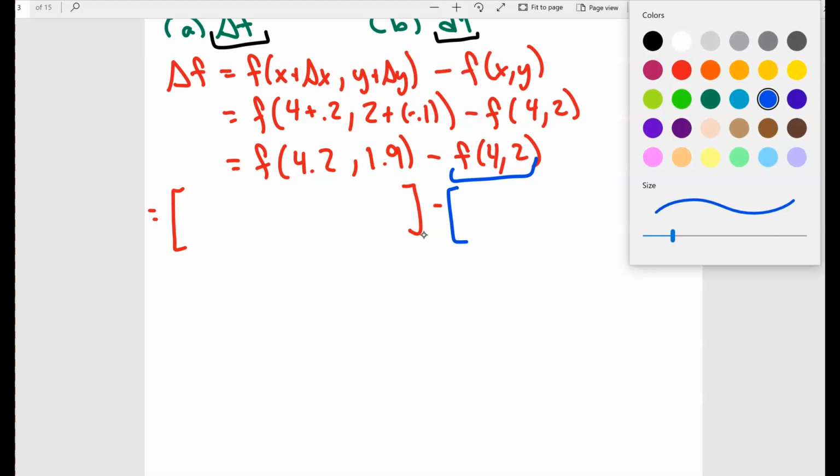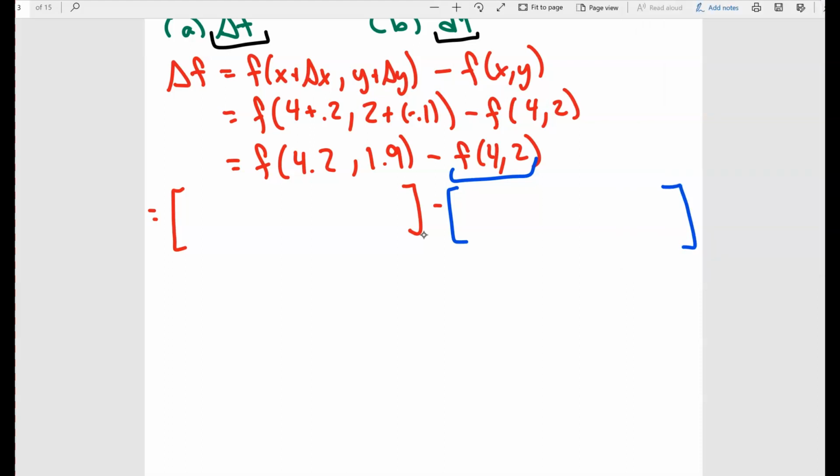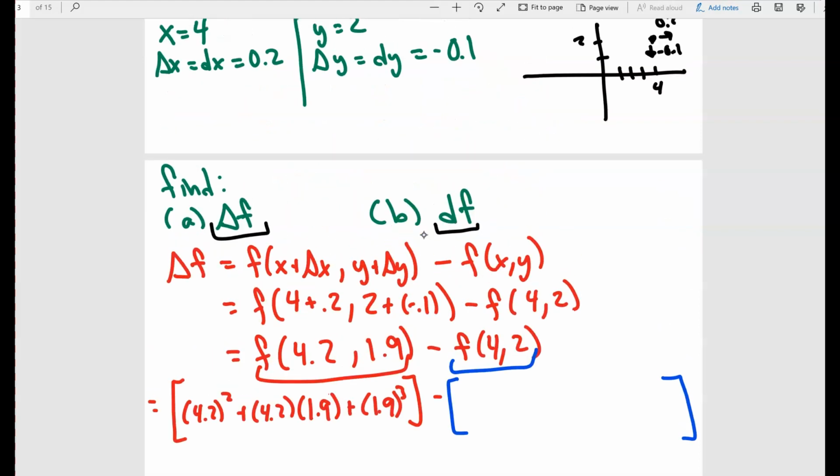Okay, so the first thing I'm going to do is plug in 4.2. So I'm going to have 4.2 squared plus 4.2 times 1.9 plus 1.9 cubed. And the way that I'm getting that is that I'm plugging this into the original function.